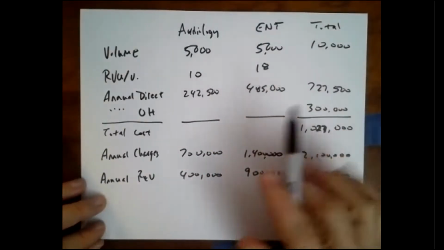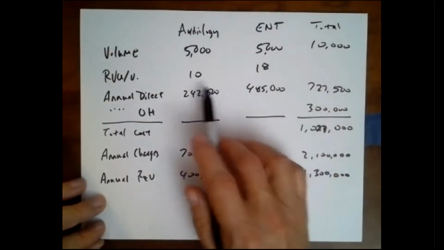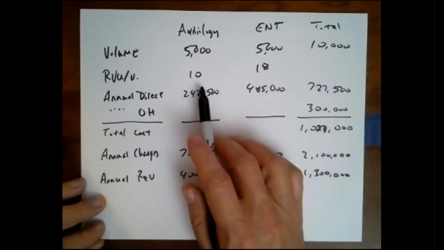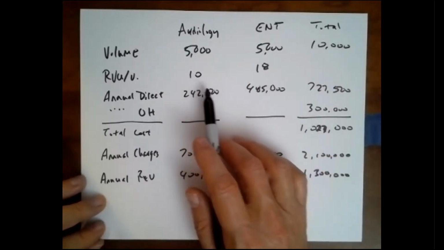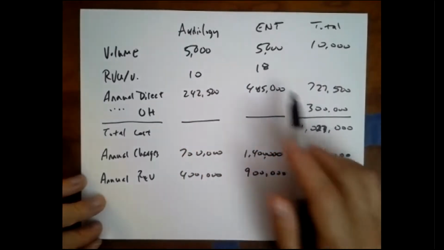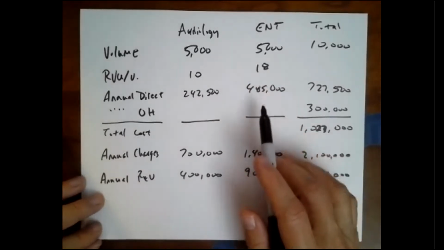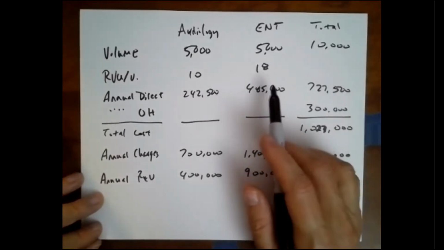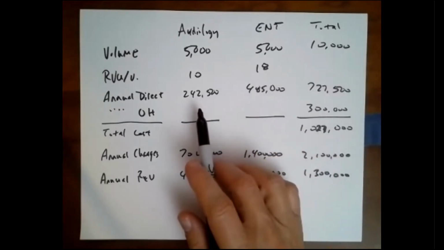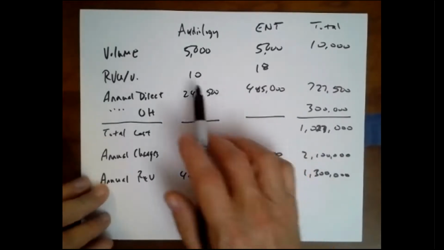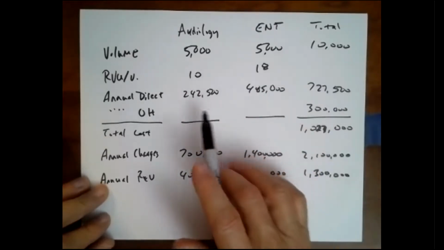So we'll just run with that. But don't go around thinking that an audiologist ever does anything that generates 10 RVUs. And an ENT would be pretty hard put to do something that's 18 RVUs, certainly in an office setting. Okay, but setting the unreality of the RVUs aside, let's keep going.